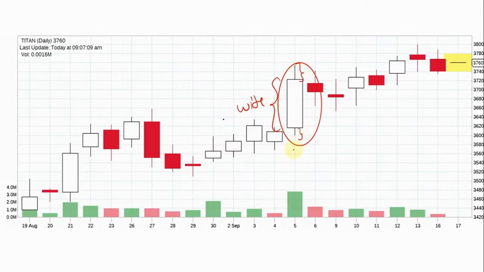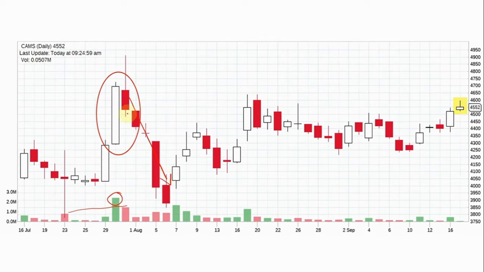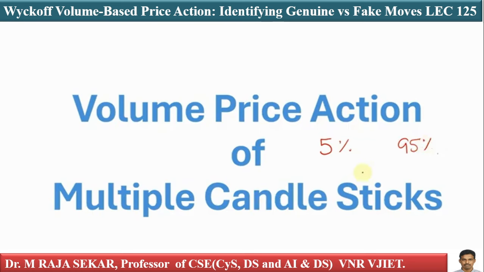We will try to understand all these things in a detailed manner. In volume price action, we have learned 5%, and we will try to understand and apply the remaining 95%. How will we learn it? We will apply volume price action to multiple candlesticks. Till now we learned it for single candlesticks.